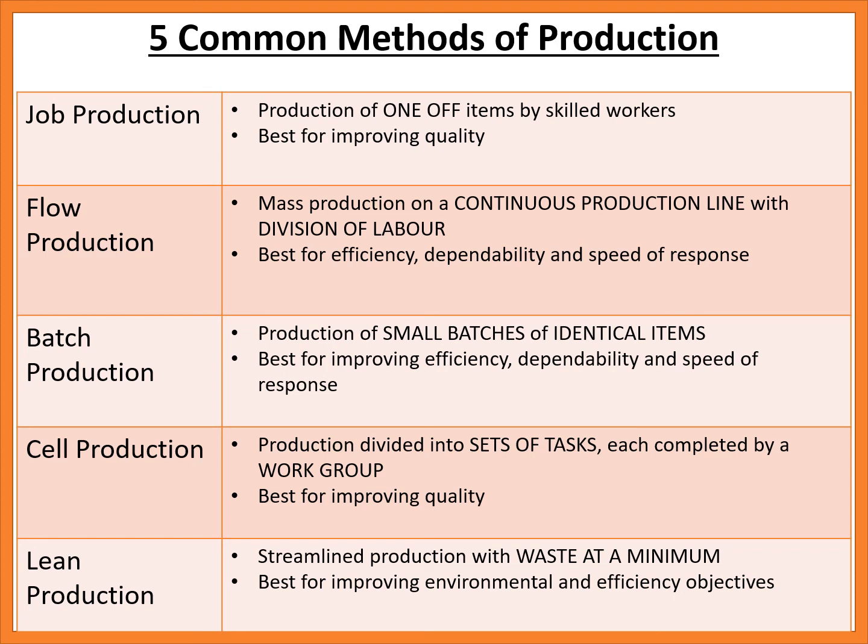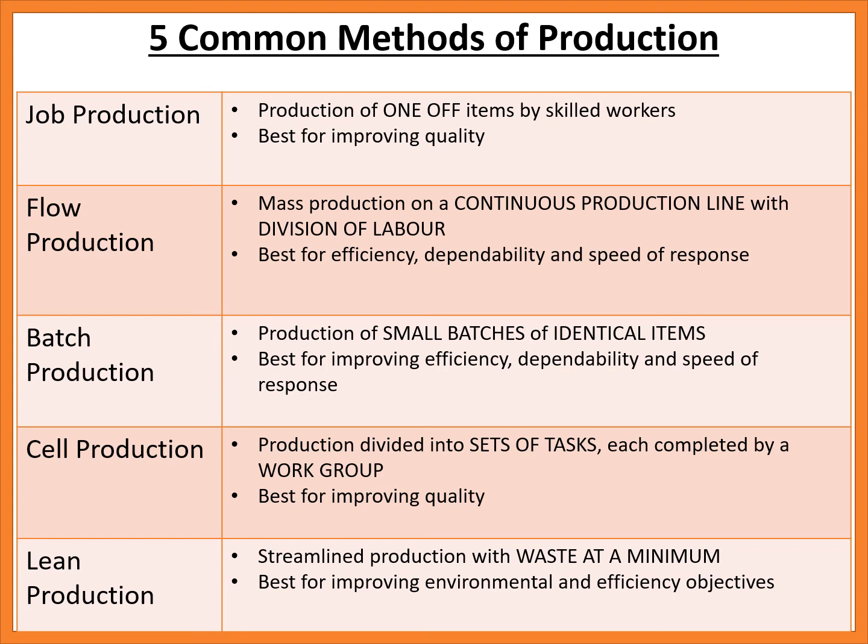Then we've got cell production. This is where everything is divided into sets of tasks, each completed by a different work group. We could look at other areas of car production, where you would have people who are just on the engine side and produce the engines in one country, and then in another country they would do all the painting of bodywork, and then in another company they would fit them all together.